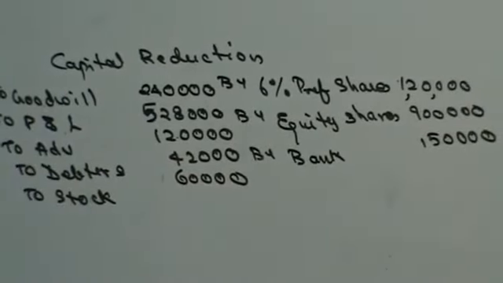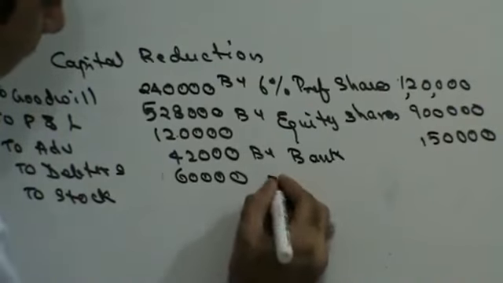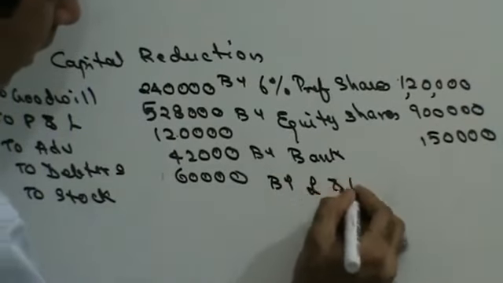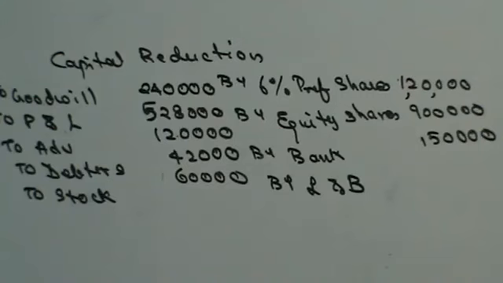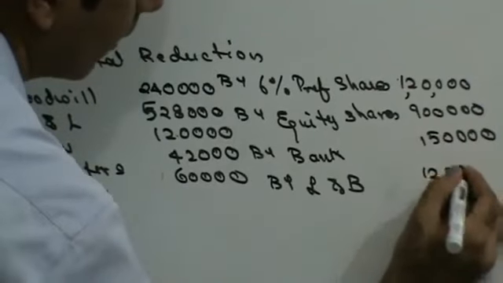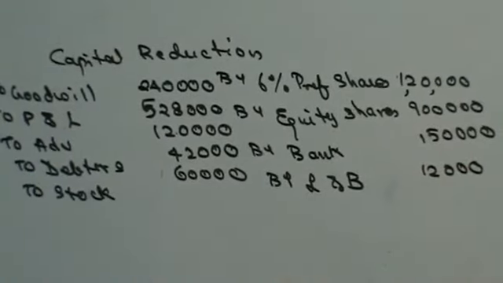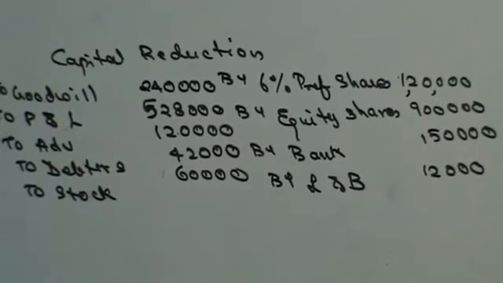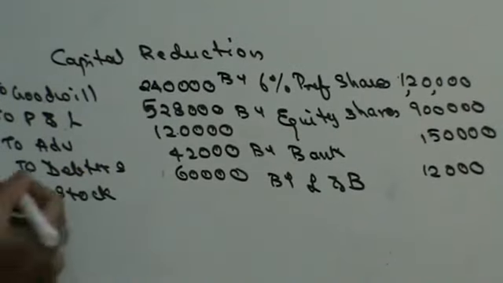Then you have capital reduction on the credit side by land and building. Land and building is 12,000. Then no capital reduction here. Capital reduction on the credit side by bank.